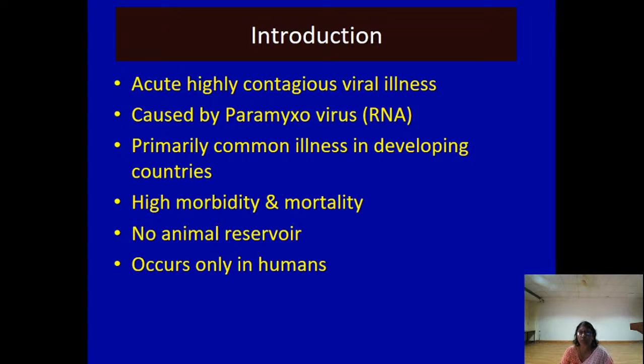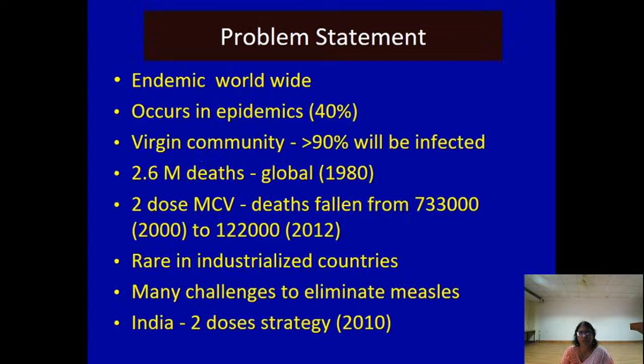One important aspect of eliminating a disease is the reservoir of infection. When there are more reservoirs, like an animal reservoir, it is more difficult to eliminate. So indirectly what I am telling you all is, measles can be eliminated because there is no animal reservoir.